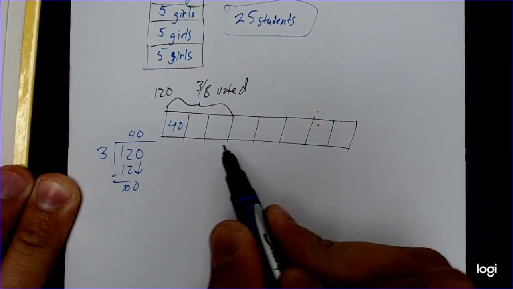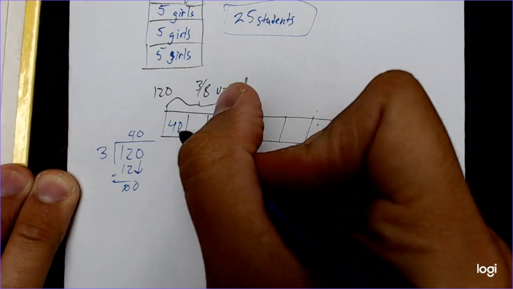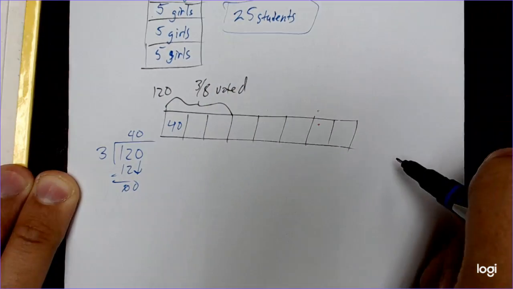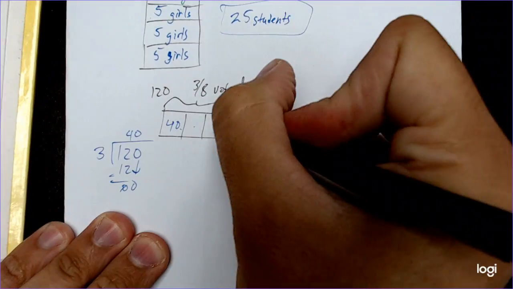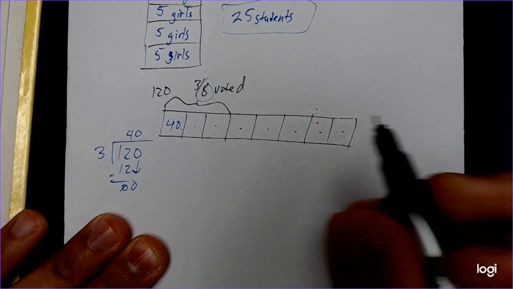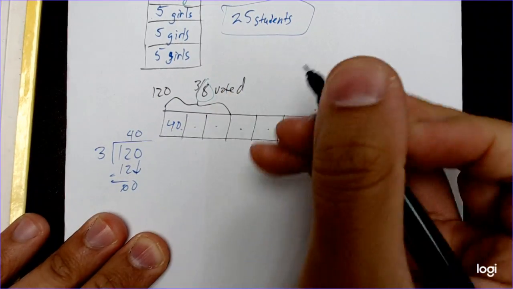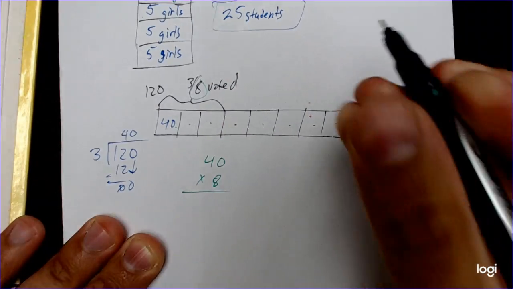Now I could write down all the 40s and I could do all this work, or I could remember I'm just going to take the value of one block and multiply it by the total number of blocks. So since I know that there is 1, 2, 3, 4, 5, 6, 7, 8 blocks, or the same as the denominator, I can just take this number 40 and multiply it by 8. So 40 times 8.